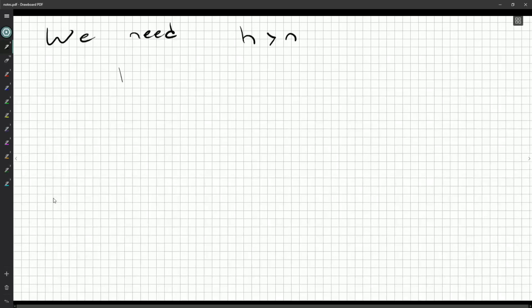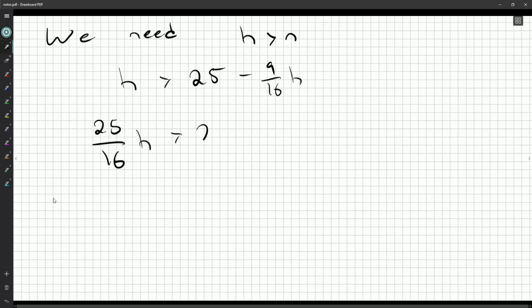So we just need to solve this inequality. H greater than 25 minus 9 over 16h. Pull out to the other side, you'll get 9 over 16 plus 16 over 16 is going to be 25 over 16h. That needs to be greater than 25. Divide by 25, multiply by 16 on both sides. H has to be greater than 16.